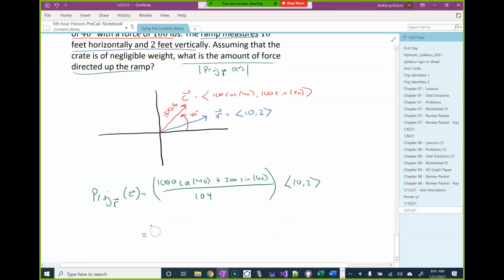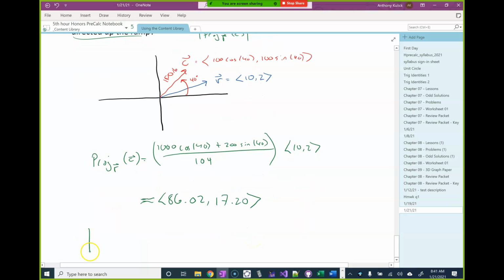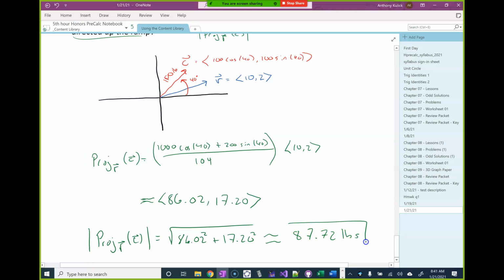And when I type all that into my calculator, I get about 86.02, 17.20. But I'm not done because I don't care about the projection vector. I really care about its magnitude. So the last step there is just to calculate the magnitude then.